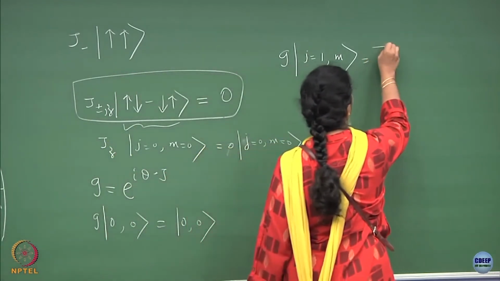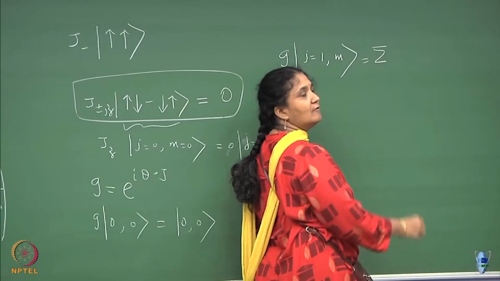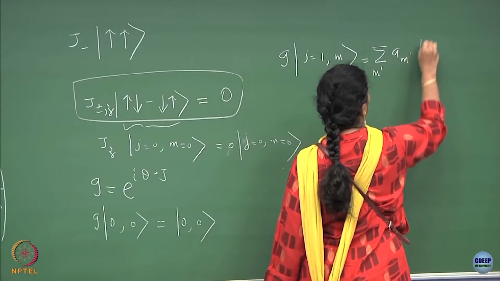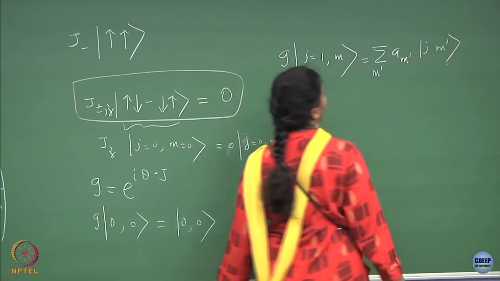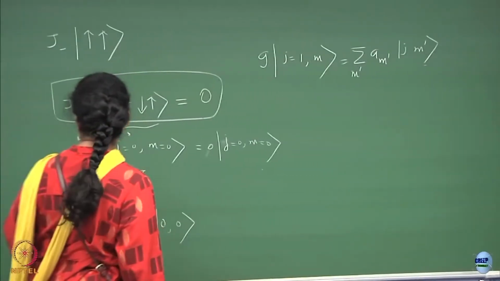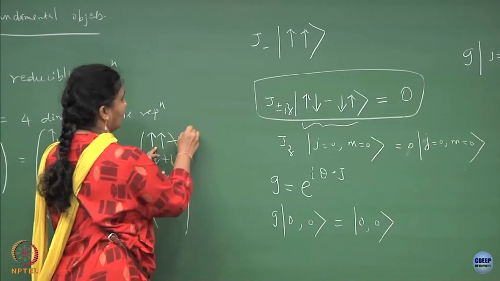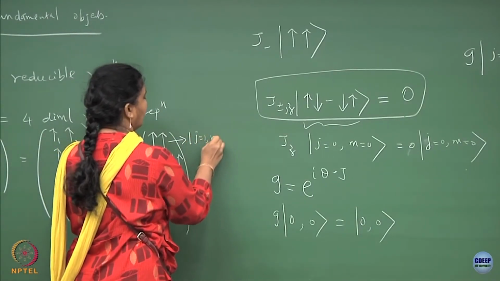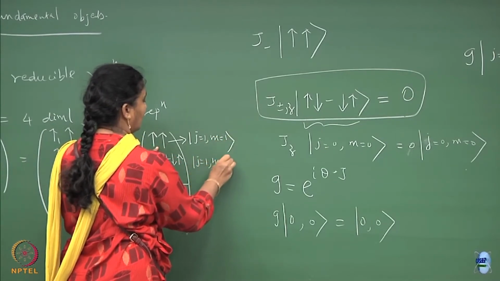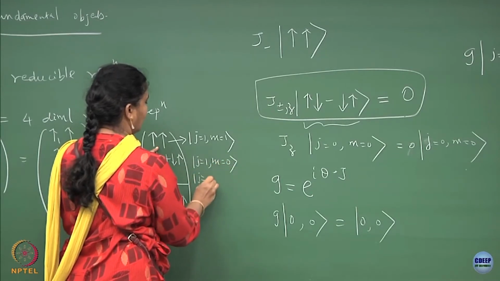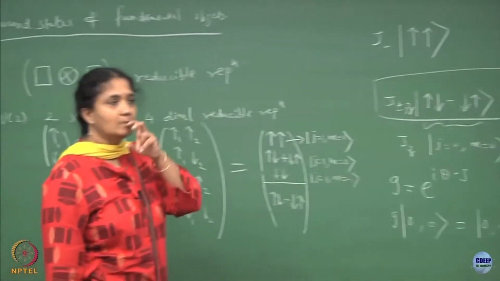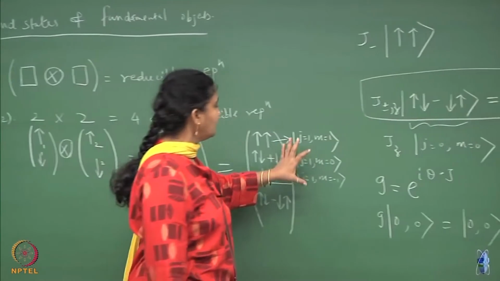This should give you some linear combination over M prime. So, I am calling this j equal to 1, M equal to 1, this j equal to 1, M equal to 0, and j equal to 1, M equal to minus 1.